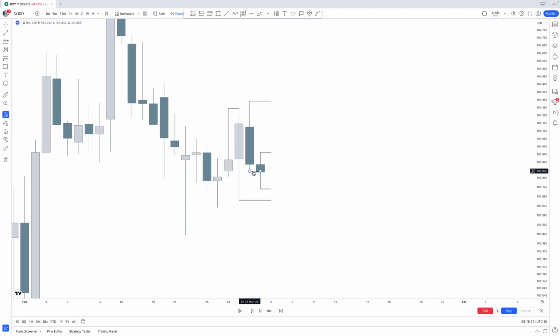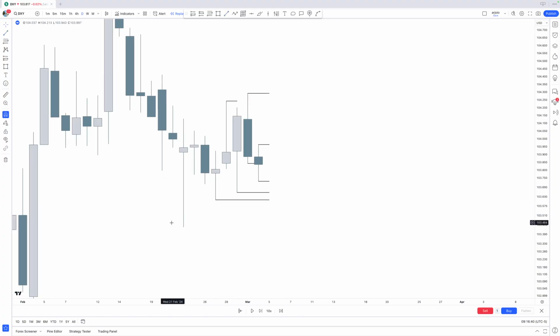All right, after that, what can we reach for? Well, what is the next discount array? It is this swing low. And what is the next discount array after that if we want to reach it? This swing low, and then that swing low right there. So in between those targets, we are constantly looking at where we can have the next run on liquidity, the next run towards the next PD array.